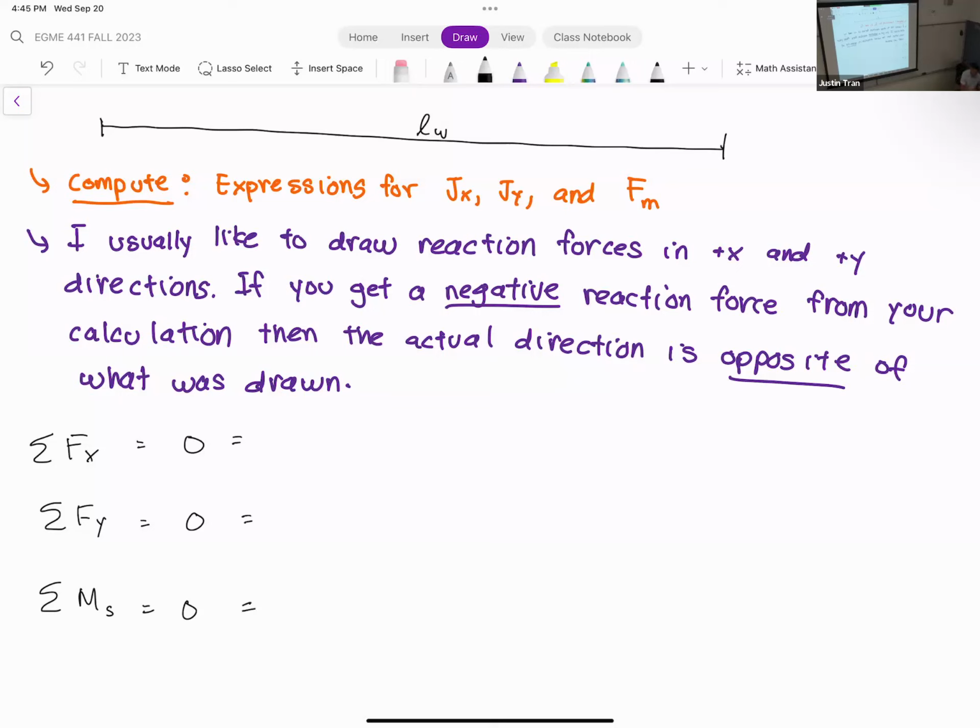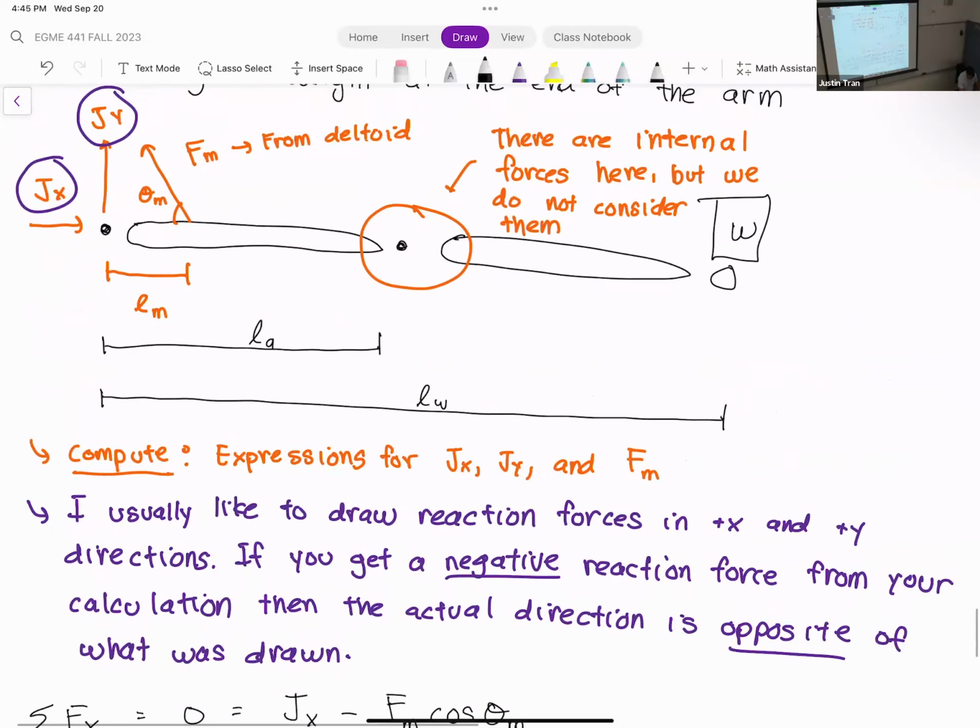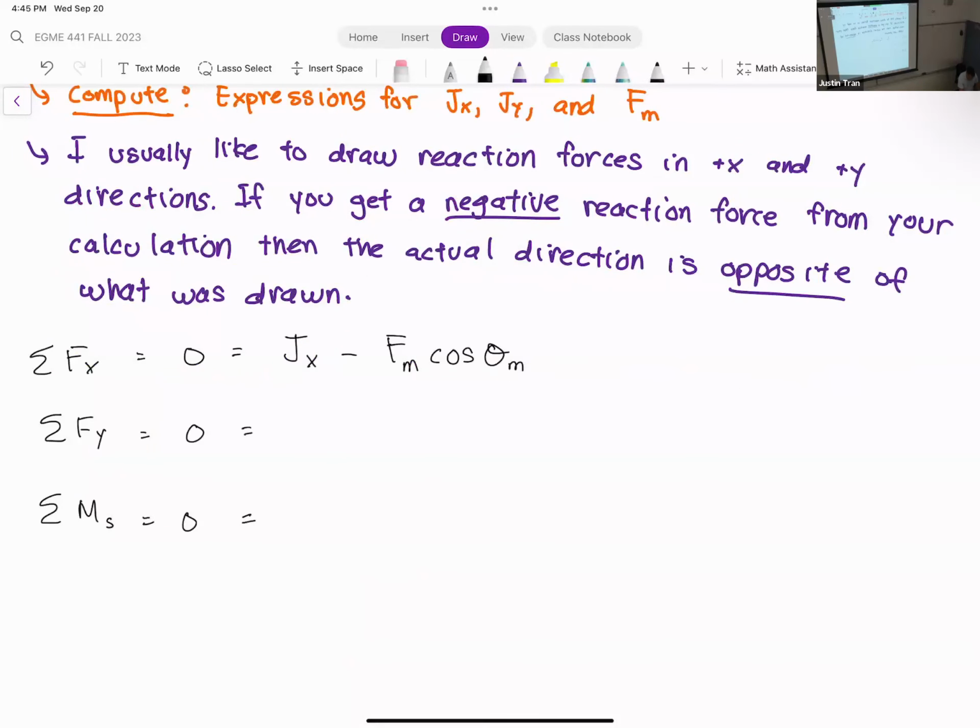If we sum up the forces in the x direction and set it equal to 0, this is Jx minus Fm cosine theta m. Sum up the forces in the y direction, we have Jy plus Fm sine theta m minus Ww.